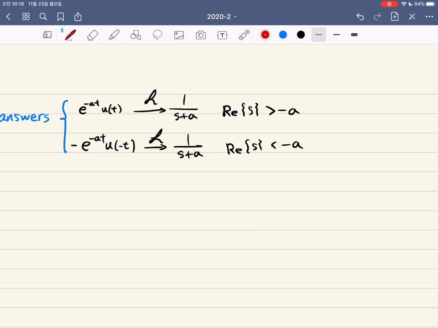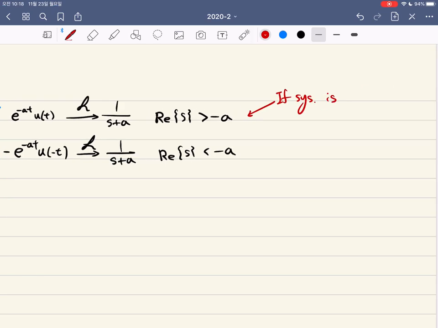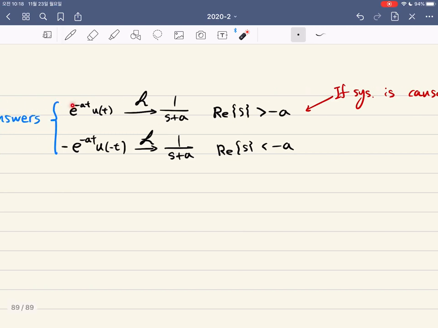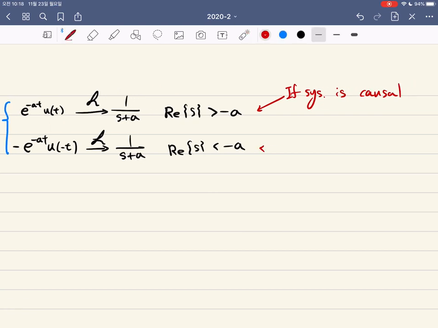And you know that if the system is causal, then this will be your pick, right? And you know the reason. And if the system is not causal, then the second one will be your pick.